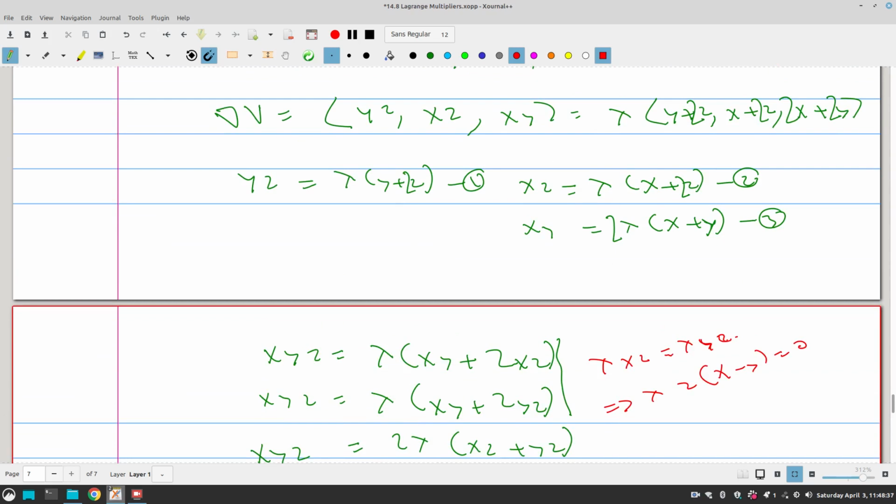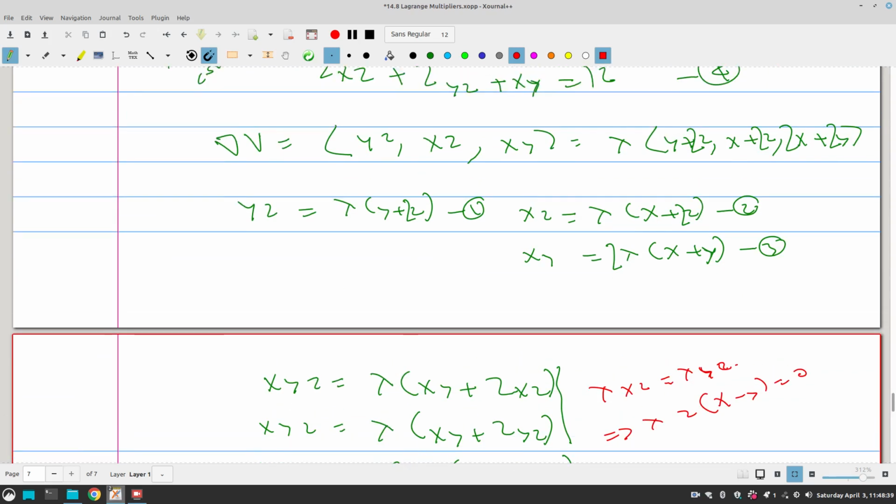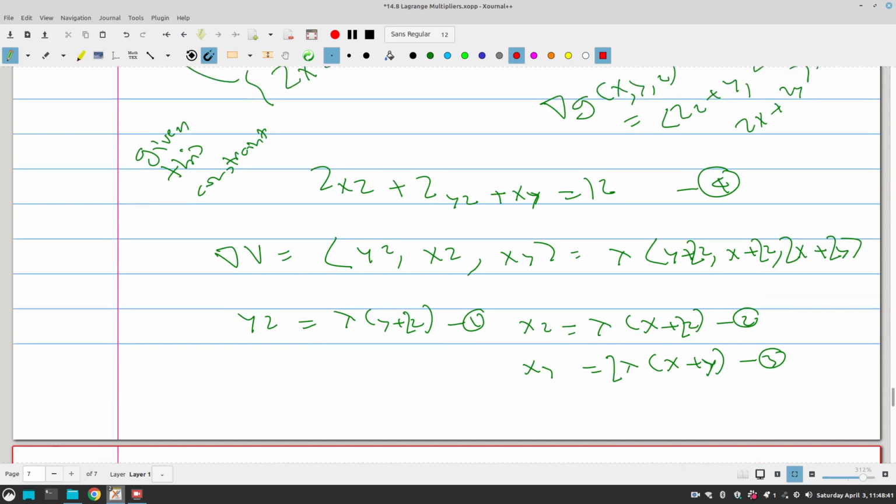Well, if lambda equals 0, we would have yz equals 0, xz equals 0, and xy equals 0, right? And what would that do?